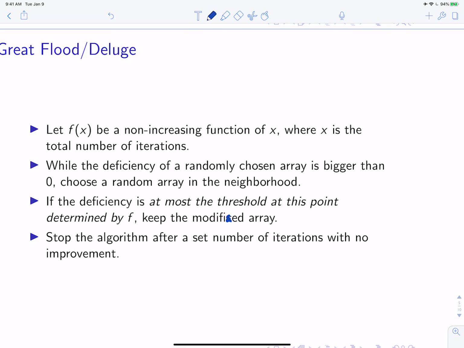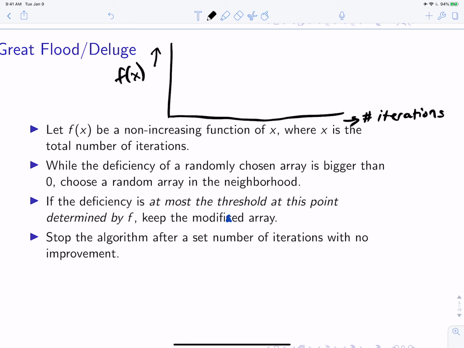So we're going to have some kind of function right here, where on the horizontal axis is the number of iterations that we've done, and on the vertical axis we're going to plot f of x, and maybe it looks something like this.